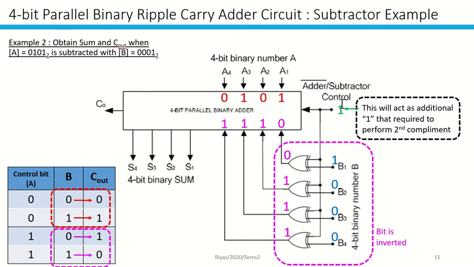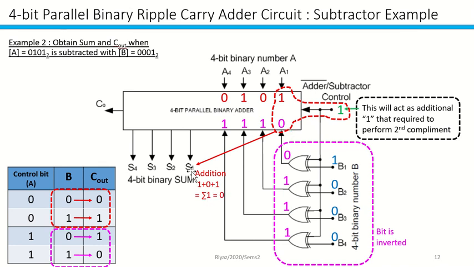Because here Cin is already 1, you need to perform step by step to do it. So for the first step, that is analyzing the A1, B1, and also the Cin, you need to add 1 plus 0 plus 1. That will come out with a sum of 0.